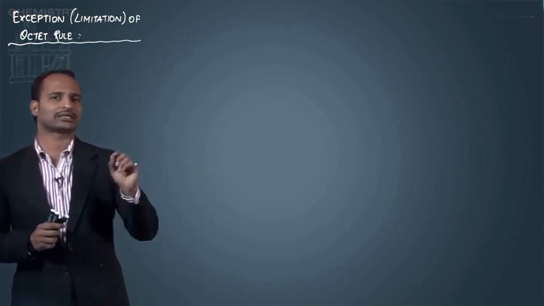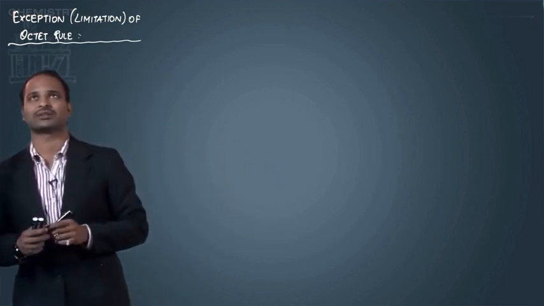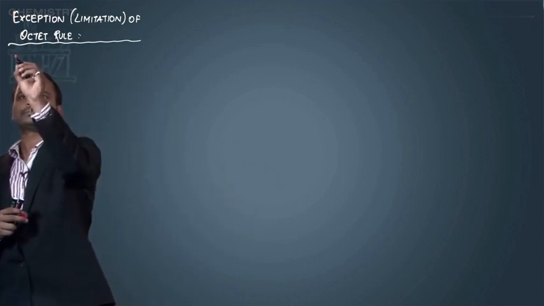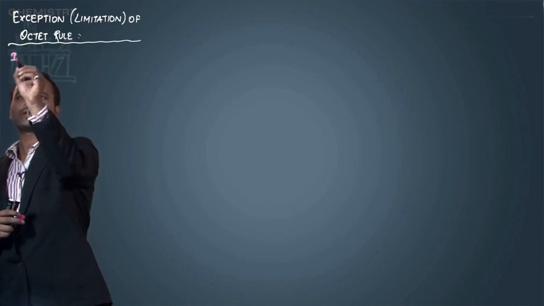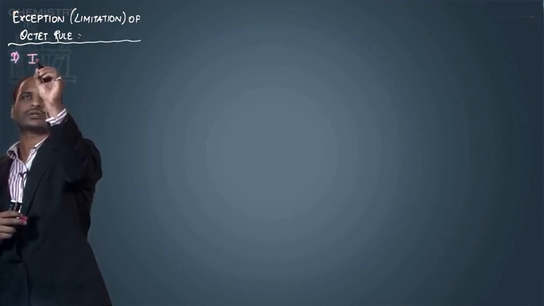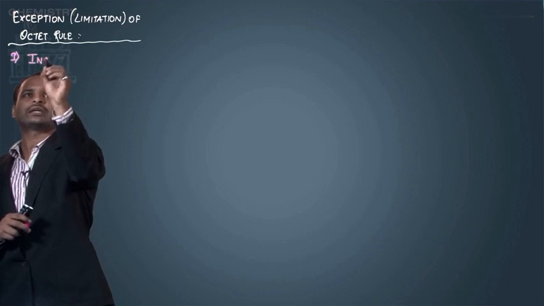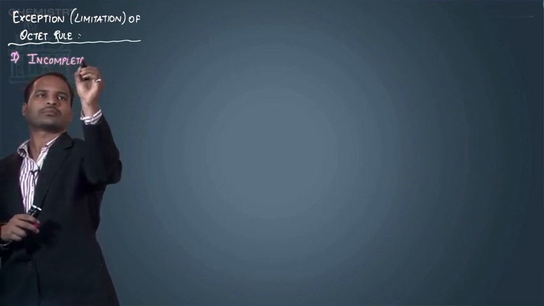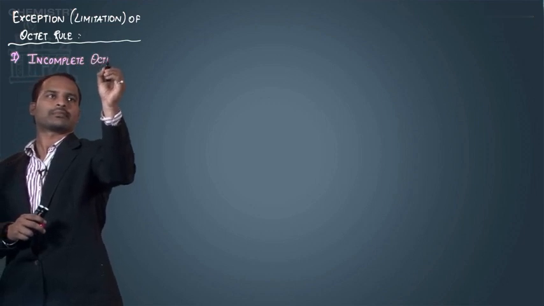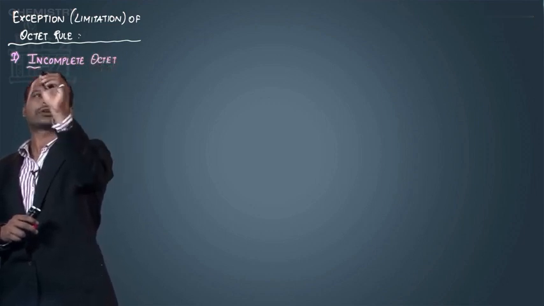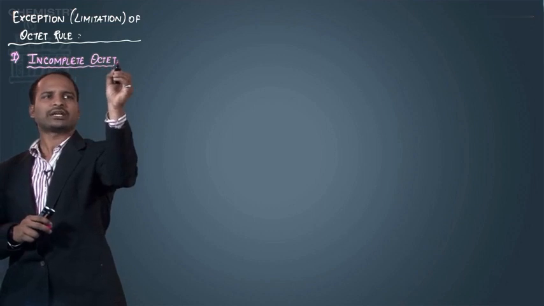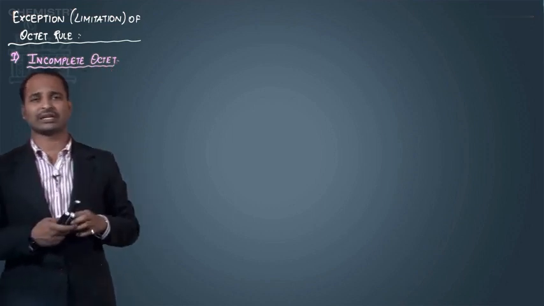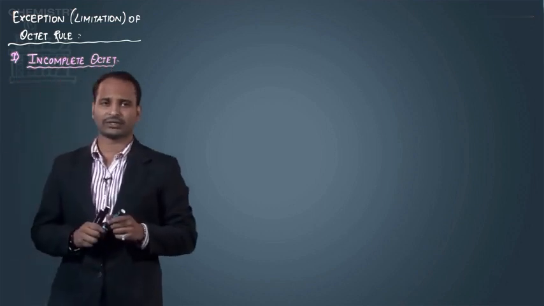As I said, there is either a possibility of having less than 8 electrons or more than 8 electrons. The first limitation is incomplete octet. These are the molecules in which the central atom has less than 8 electrons in the valence shell.